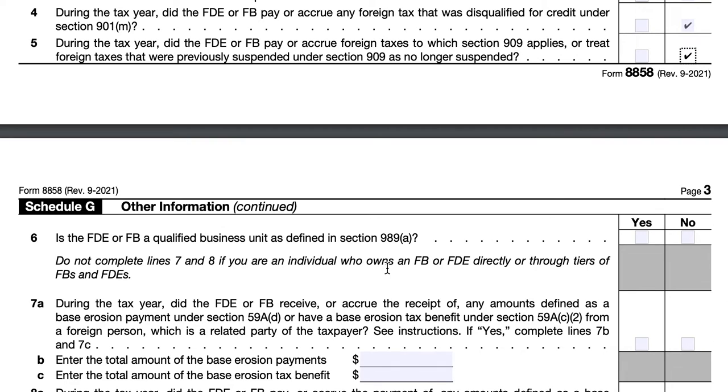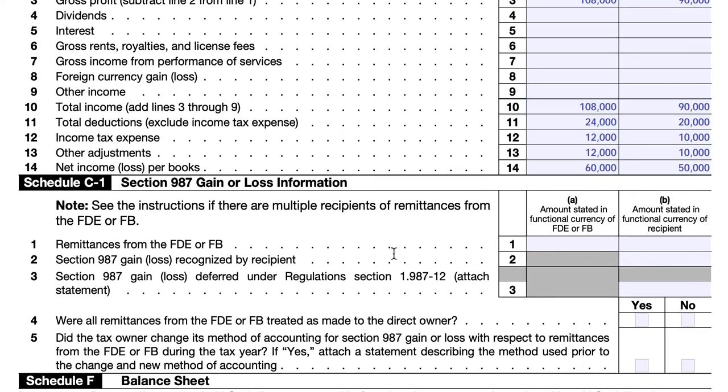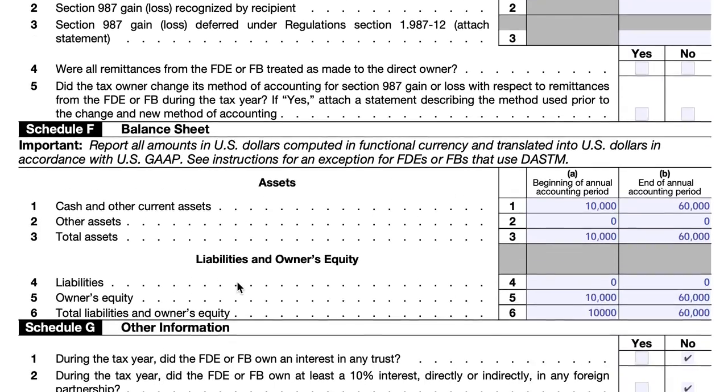Now, if you say yes, then you also have to determine whether or not the QBU is subject to section 987. And if that's the case, then you have to go back to C1 and complete this, right? So section 987, gain or loss, either recognized or deferred.